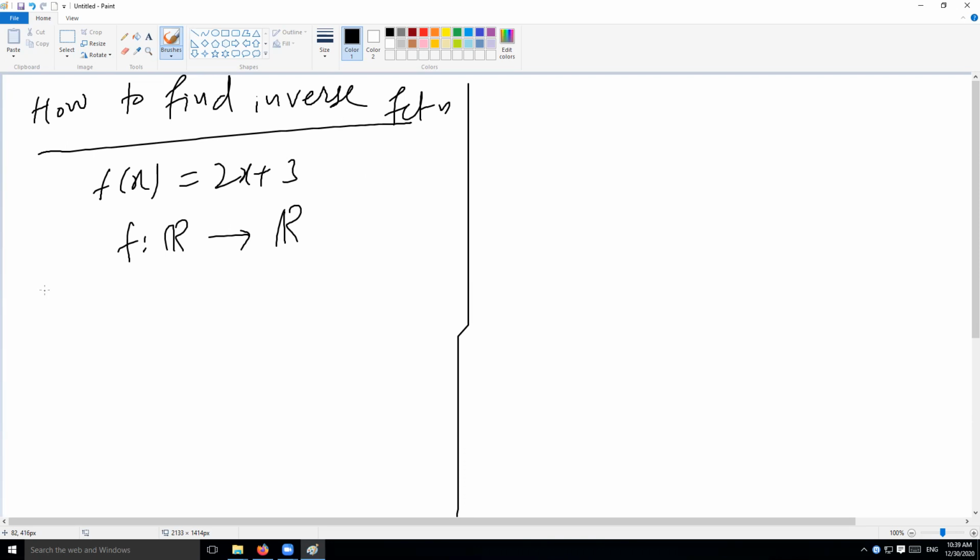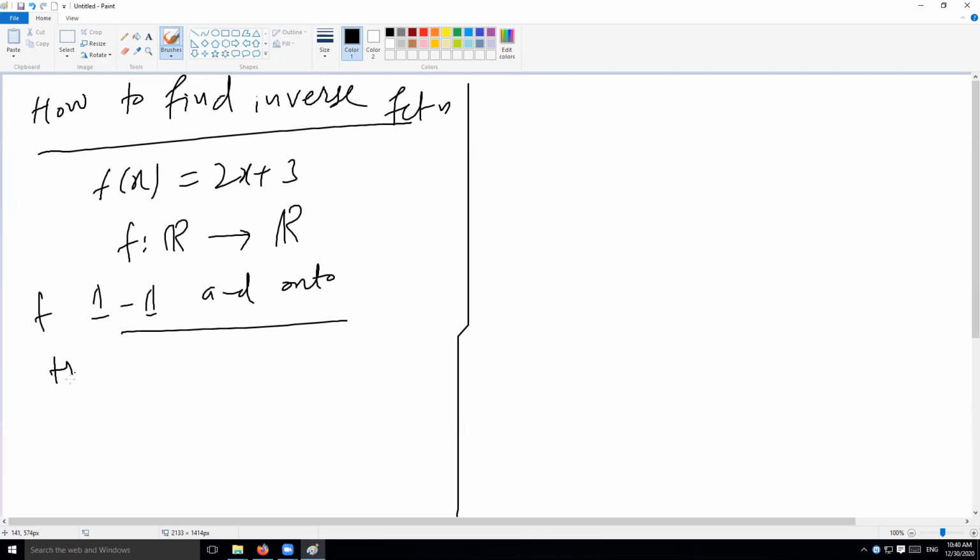Is that right? Not every function has an inverse. So if you want to prove that a function has an inverse, first prove that it's 1-1 and onto. We have proved it already, so I'm not going to repeat it. So this f is 1-1 and onto.